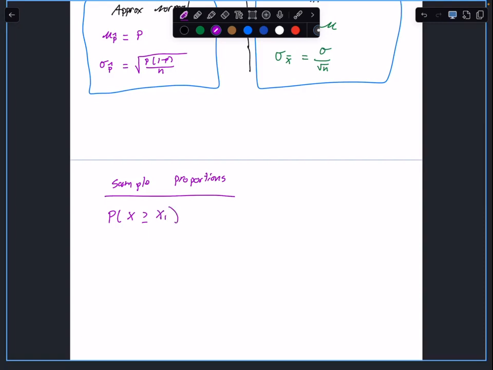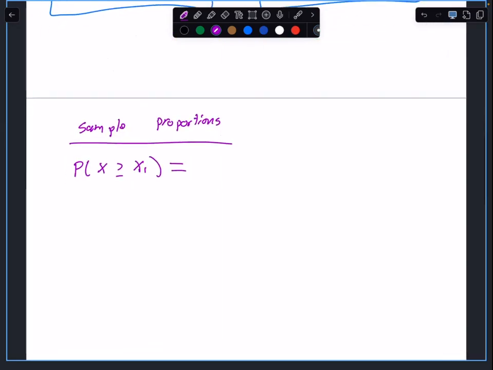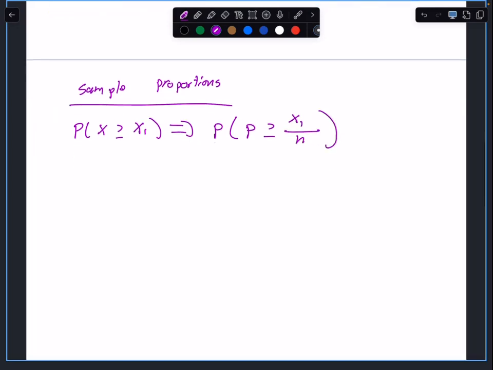What you have to do is understand that this is the same thing as saying the probability that P hat is greater than or equal to whatever that X value was divided by N. And if you're wondering what I'm talking about, when you make your normal model sketch for the question, here is your mean of P hat, and then the cutoff value, for example, let's say it's right here. This is your P hat, which is X1 over N. And then you would attack the problem like that.